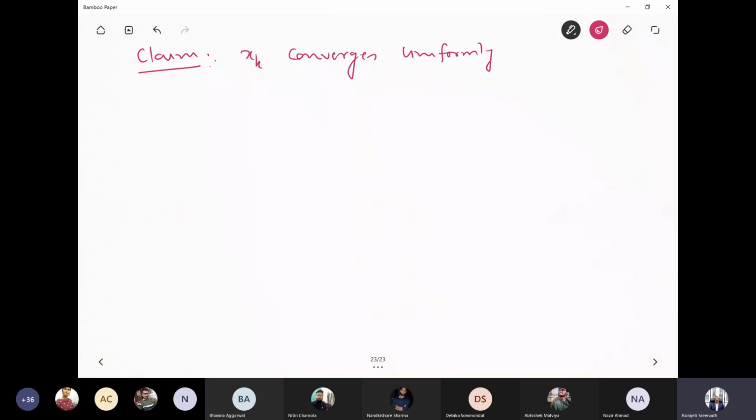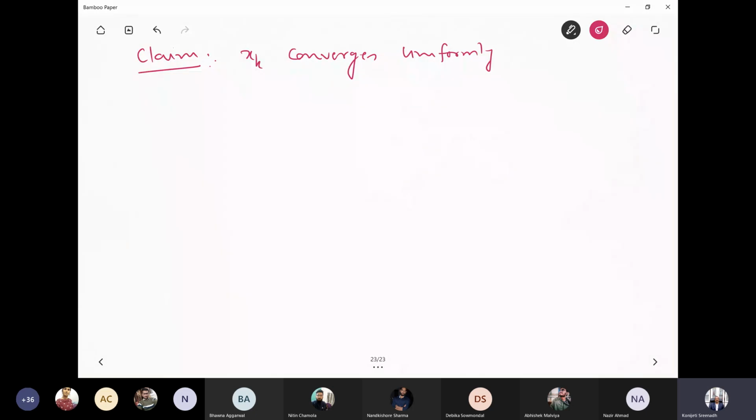Since we don't know what x is, the only way to go about this is to try to show some kind of Cauchy property. Once you know that x_k is uniformly Cauchy, then x_k converges uniformly.